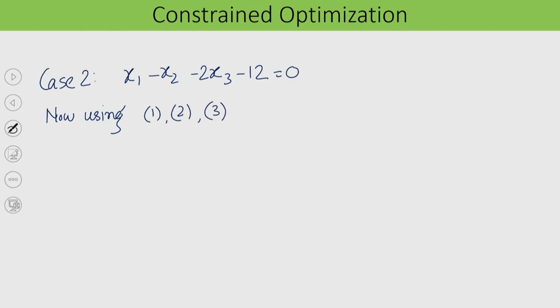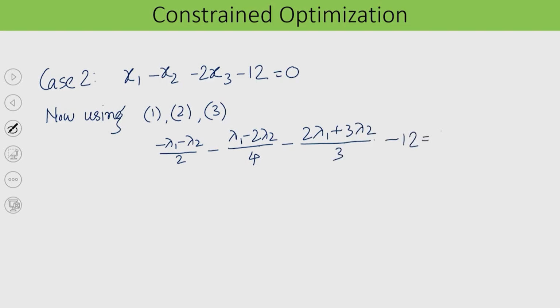From equation 1, 2 and 3, I am finding x 1, x 2 and x 3, and if I put them in this equation, from equation 1 I am getting x 1 equal to minus lambda 1 minus lambda 2 by 2, from equation 2 I am getting minus lambda 1 minus twice lambda 2 divided by 4, and from equation 3 I am getting twice lambda 1 plus thrice lambda 2 divided by 3, minus 12 equal to 0.